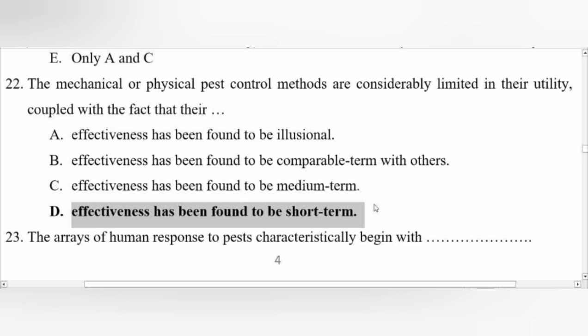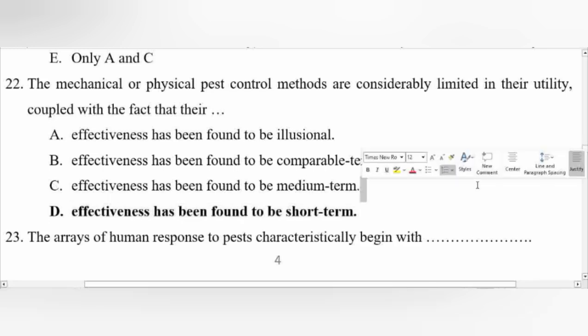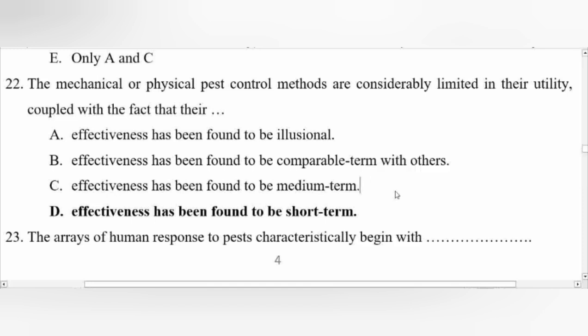In actual fact, that is about the mechanical or physical control. The effectiveness is short term, and so its practice or usage has been limited. For the first one, no, not illusional per se, and the effectiveness is not comparable to the others.